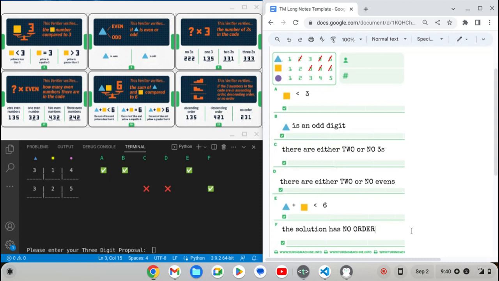Okay, so what does that say? Well, let's see. Let's take a look at the case where we have 2 3s. So it'd be 3 for triangle, 3 for circle, and that would mean no even, so it'd be 3 1 3.